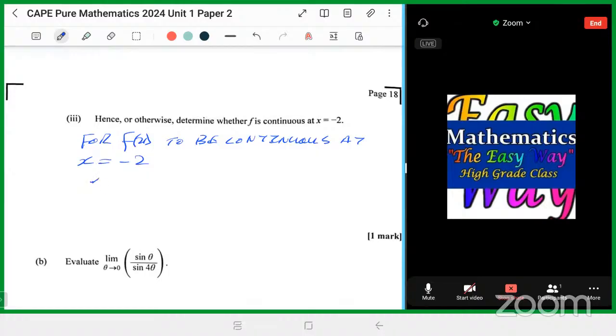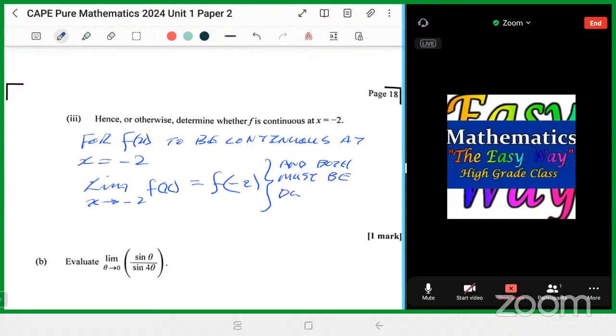The limit as x approaches -2 of f of x has to be equal to f of -2, and both must be defined, must exist, and they must be equal.